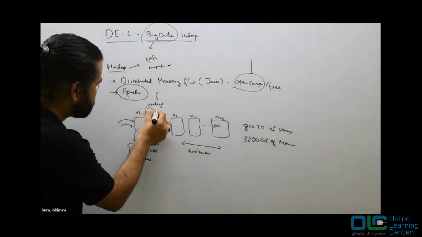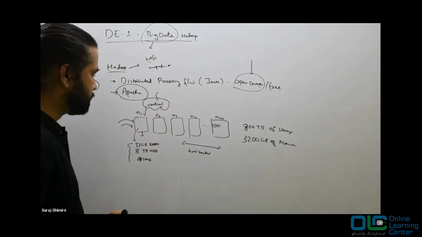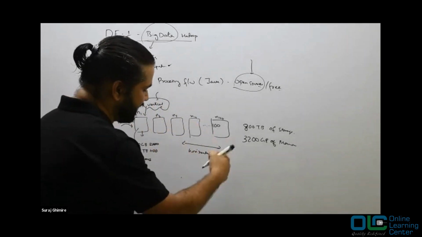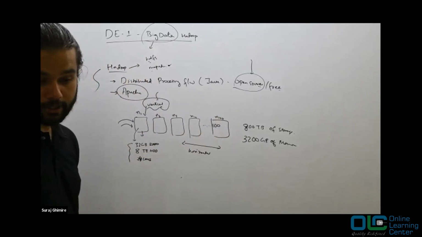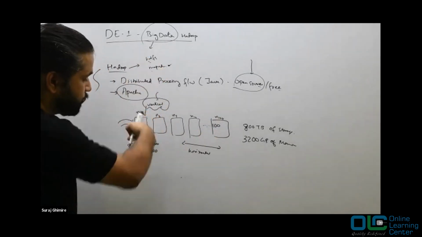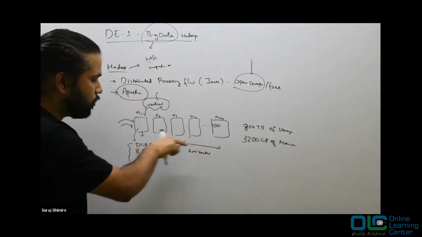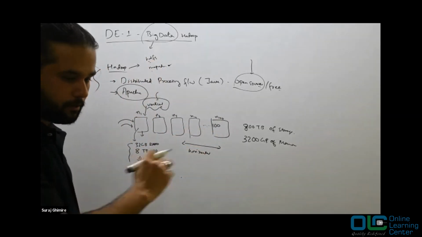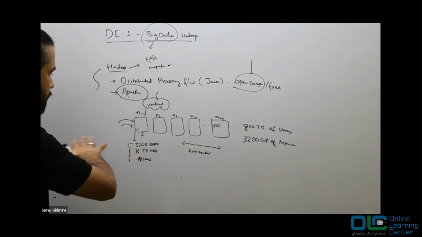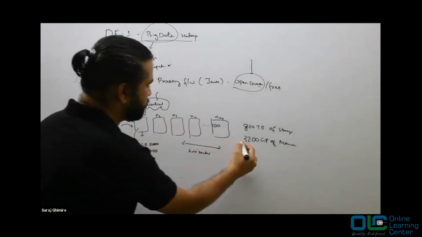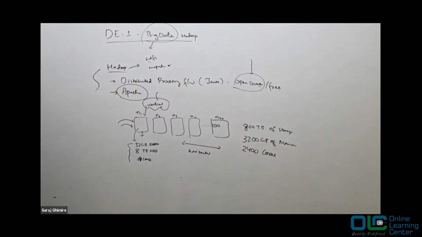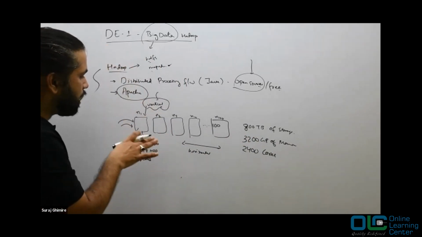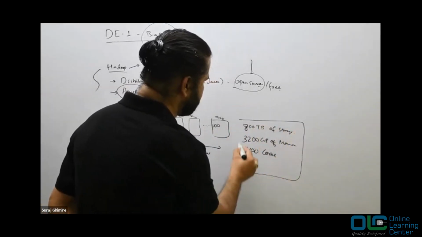So up to a certain level you can do vertical scaling, and you can go on and add more and more nodes, taking advantage of horizontal scaling as well. Vertical scaling is possible up to a certain extent, and horizontal scaling is possible as much as you want to add. And let's say 24 cores each, so 2400 cores. So this is how the configuration would be calculated.